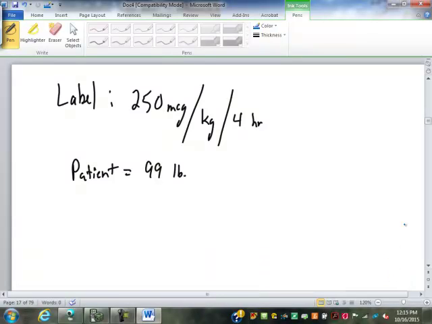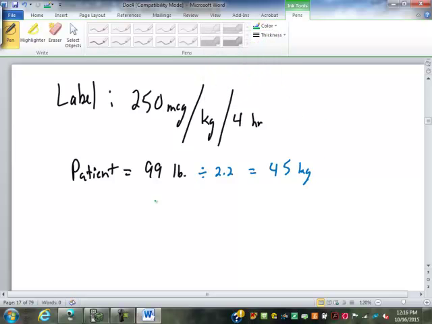So what's our first required step? Find the kilograms. Perfect. We're going to divide by 2.2, which is going to give us that this is what? Is it 45? Yep. 45 kilograms.